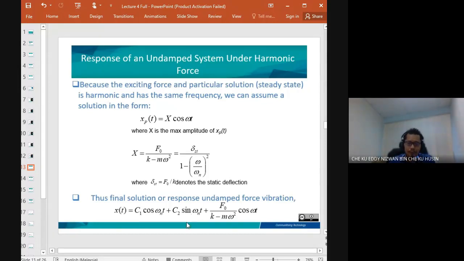You have to consider the displacement equation and also the velocity equation, so you have to differentiate this equation to get the velocity. From that you have two equations with two unknowns, and I think it's not a problem to find the solution.